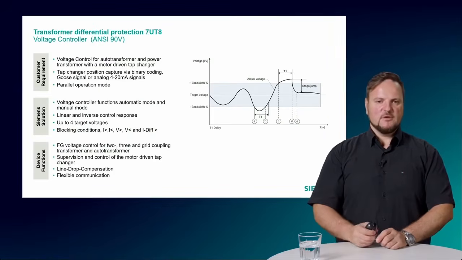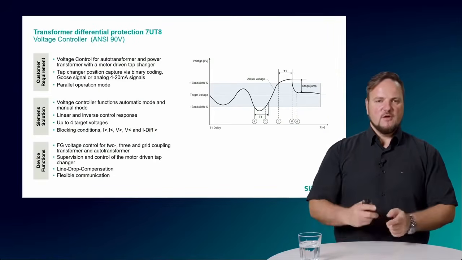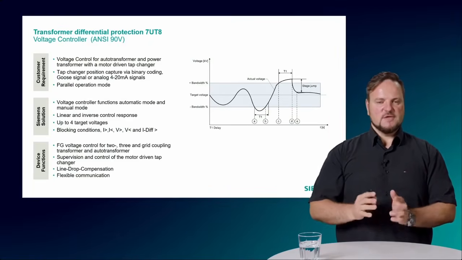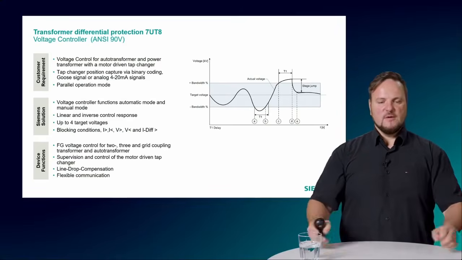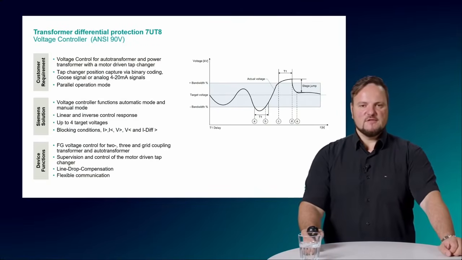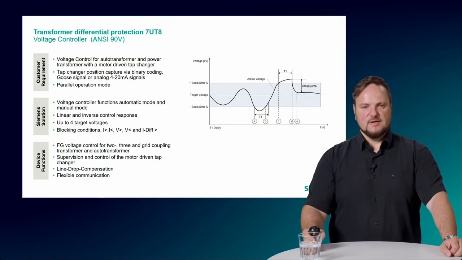Then all the blocking conditions are on board. That means for overcurrent, undercurrent, overvoltage, undervoltage, everything is on board. We also have the possibility, when the voltage controller is instantiated in the transformer diff, to block the voltage controller during abnormal conditions.